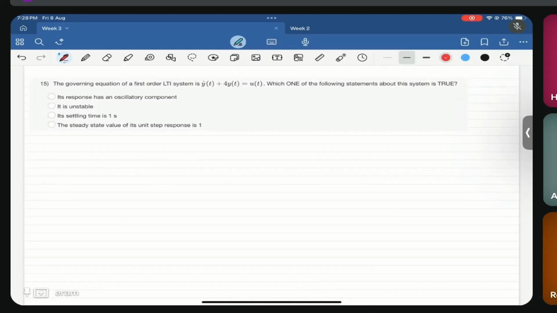So for this LTI system, identify which option is true.